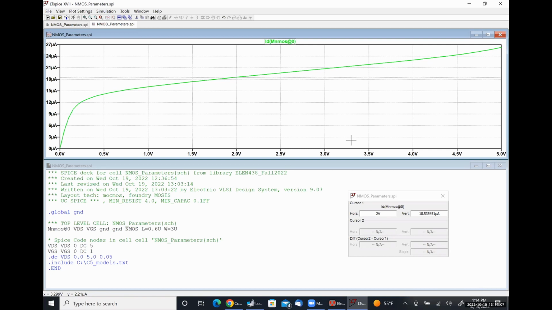So this looks like 0.25 volts, I believe. And then we're solving for lambda.